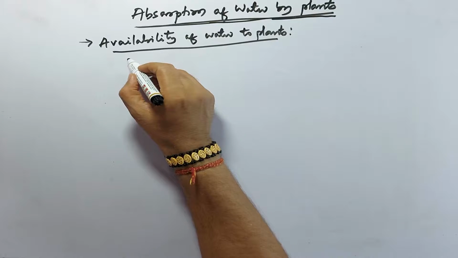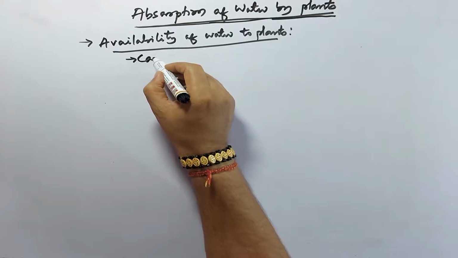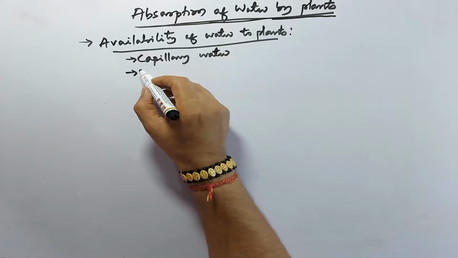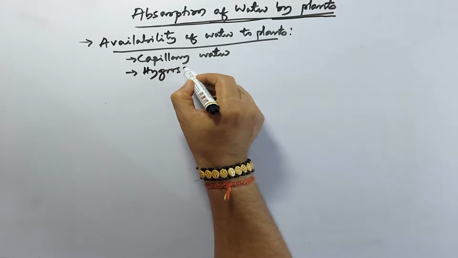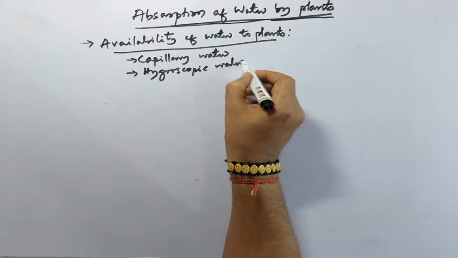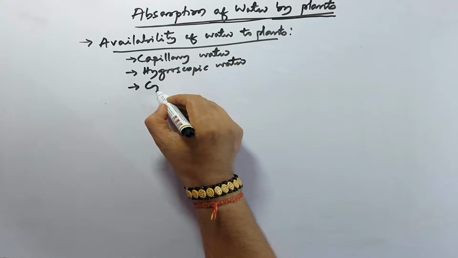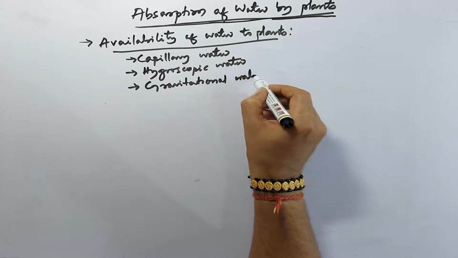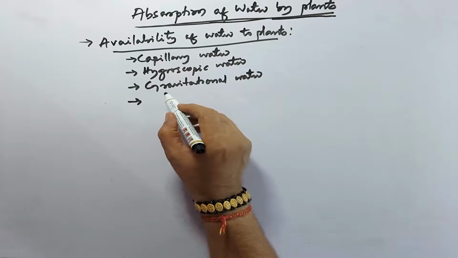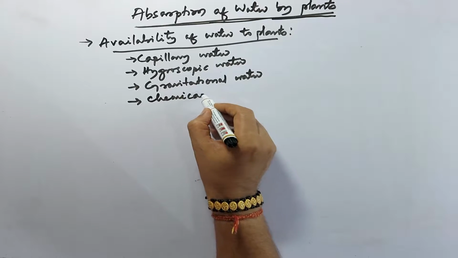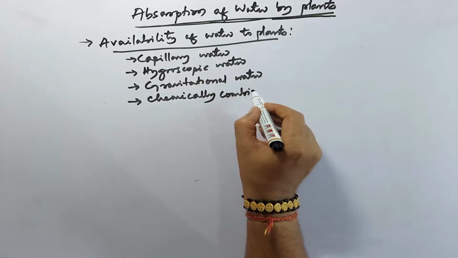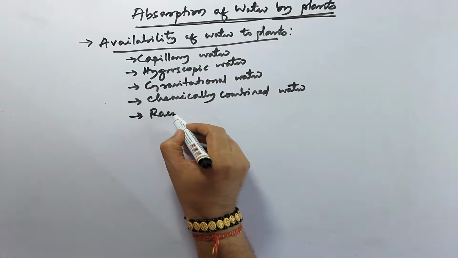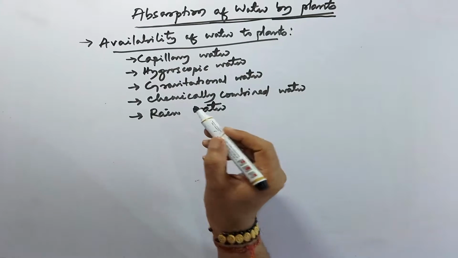Different sources are there: capillary water, second is hygroscopic water, third one is gravitational water, fourth is chemically combined water, and then rainwater. Here we will discuss one by one.